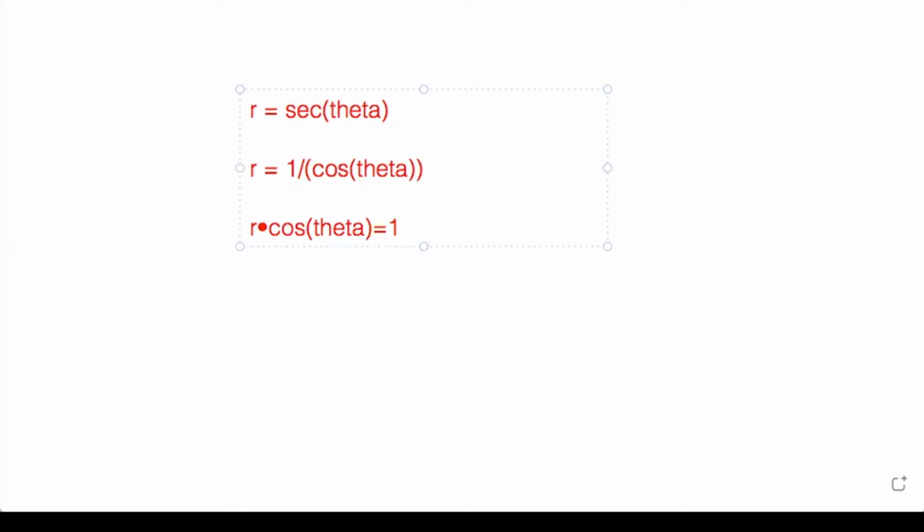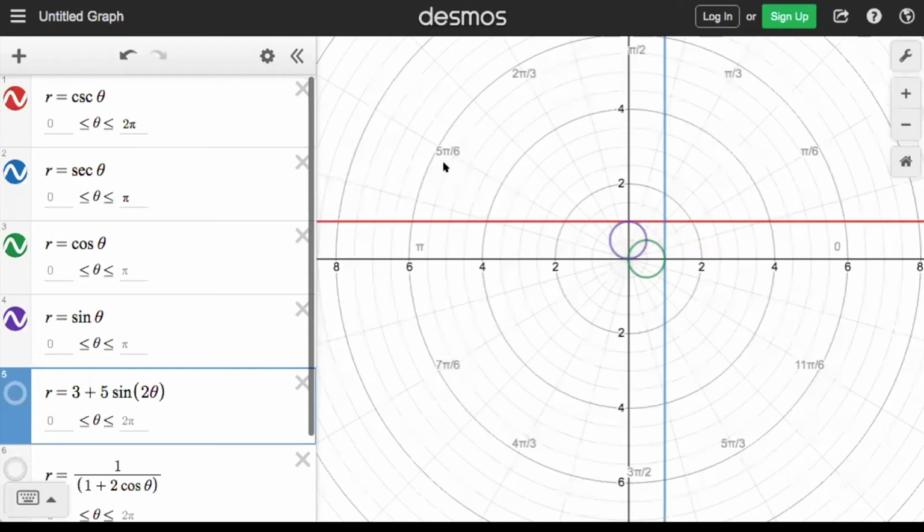And remember, we said the other day that r cosine theta is equal to x. That makes this x is equal to 1, which is exactly the line we got. Right?